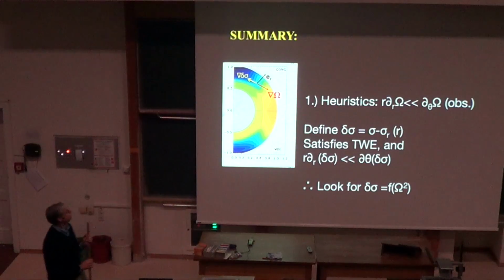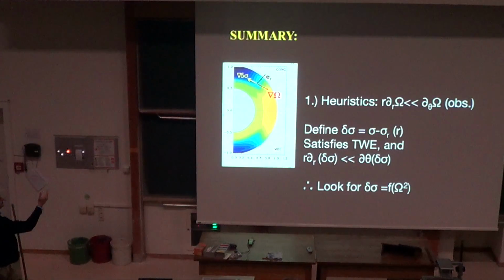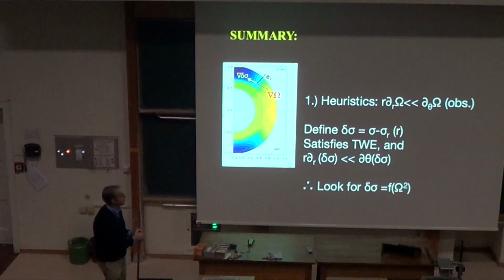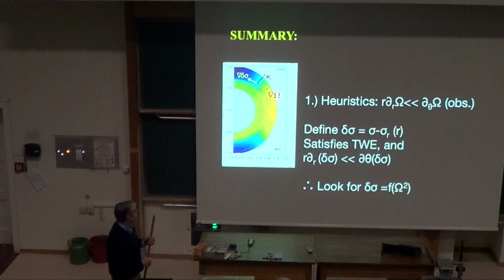Let me summarize. Here are the data. Heuristics tell us that omega is primarily a function of theta in the convective zone.